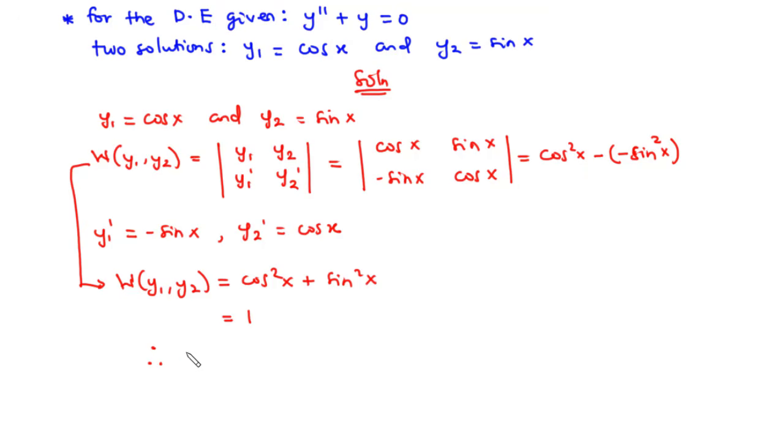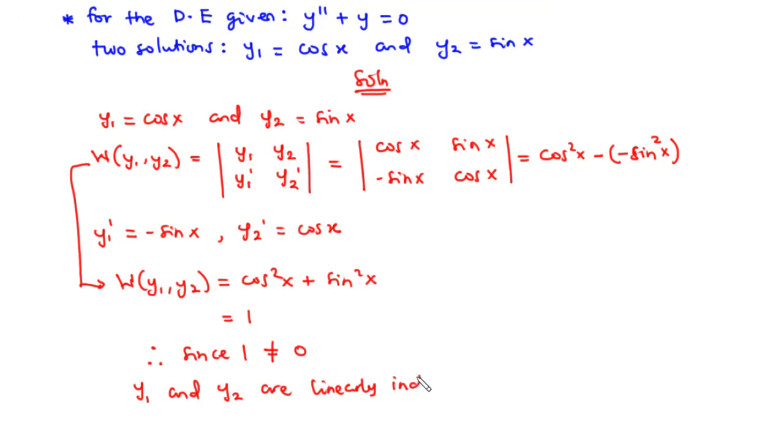Therefore, since 1 is not equal to 0, it follows that the two functions y1 and y2 are linearly independent.